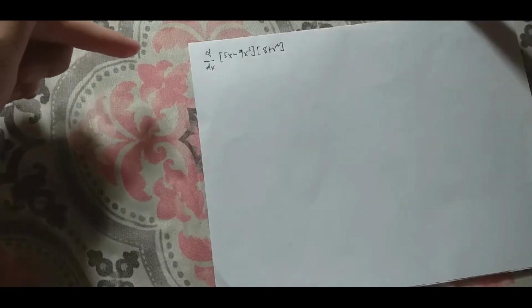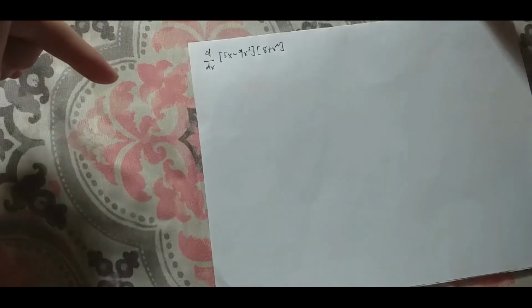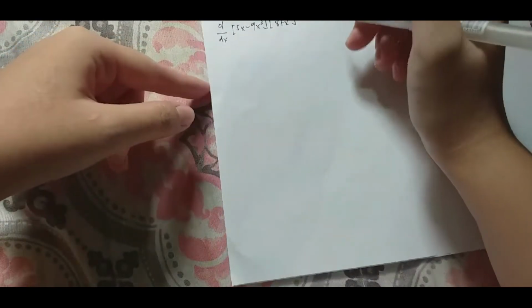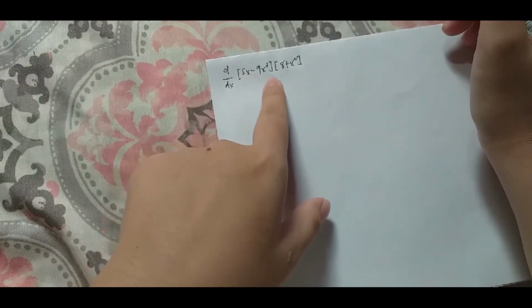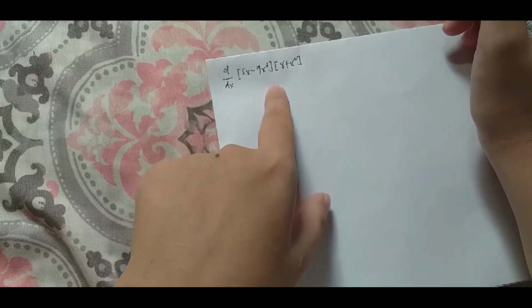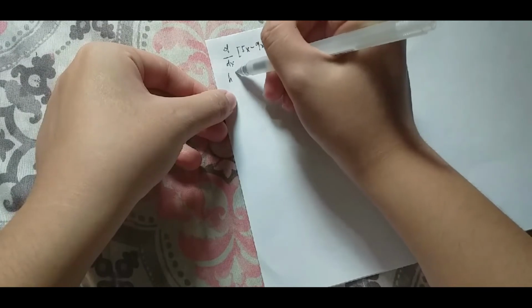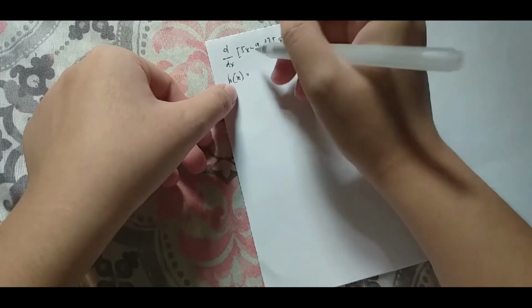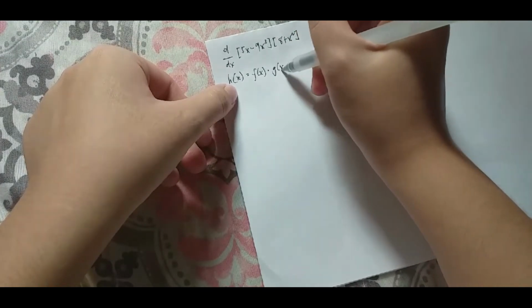So of course, before we get to the second derivative, we're going to solve for the first derivative. Since this one is under the product rule of differentiation formulas, let me just write what it's supposed to look like. If you can remember, there's h of x equals f of x times g of x.